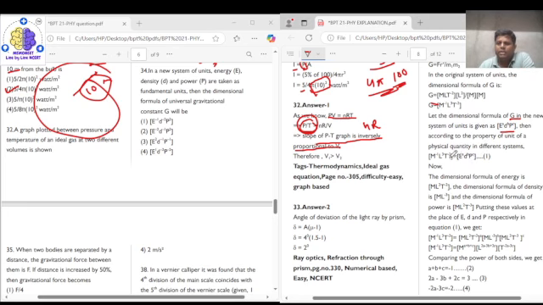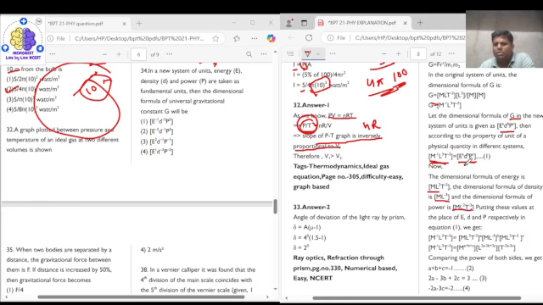Now from here we can equate the dimensions of both the quantities. This is in terms of M, L, T and this is in terms of E, D and P. Now M^-1 L^3 T^-2 is equal to E^a D^b P^c.